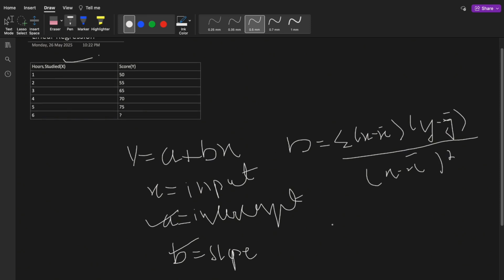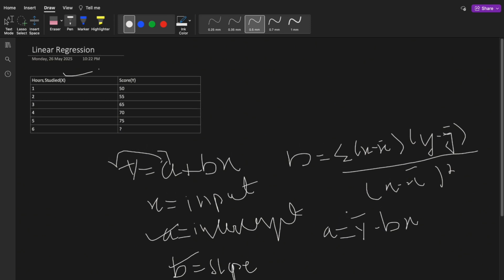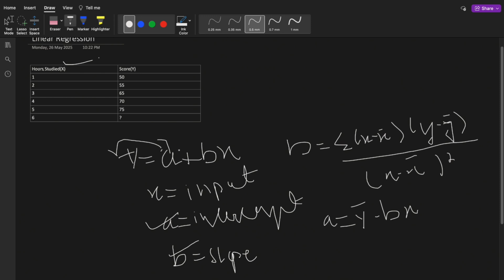And for a, we will just shift the formula. We will bring a here and bring y there. So it will be a equals y mean minus b x mean. So this is the formula. So first we will calculate b, then a, and we will put it with the x.